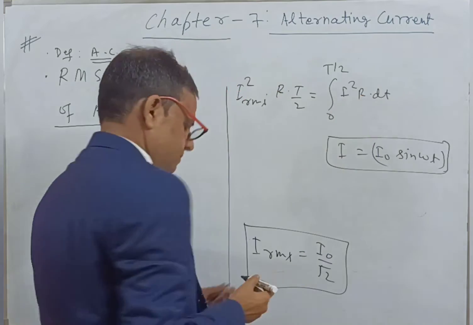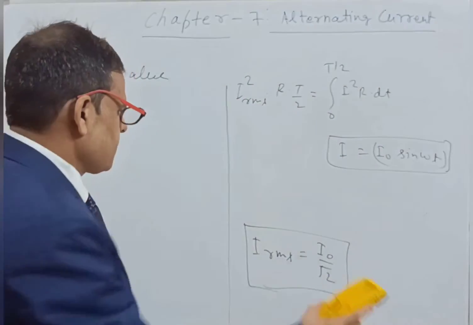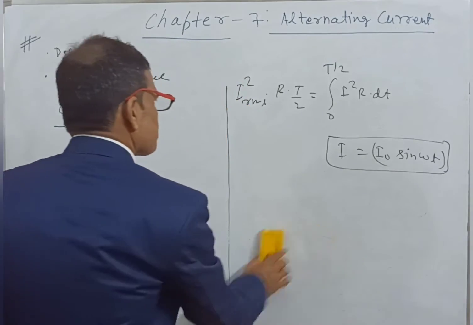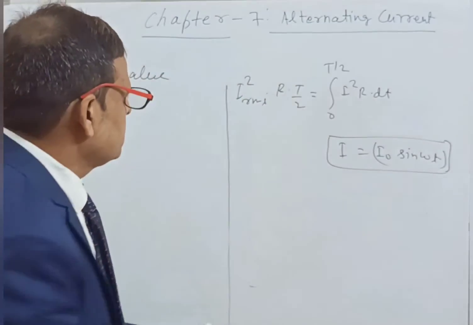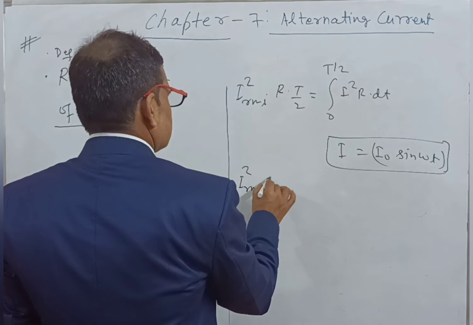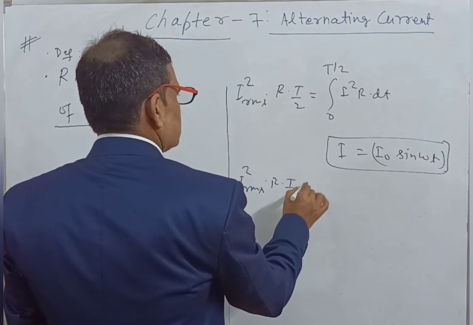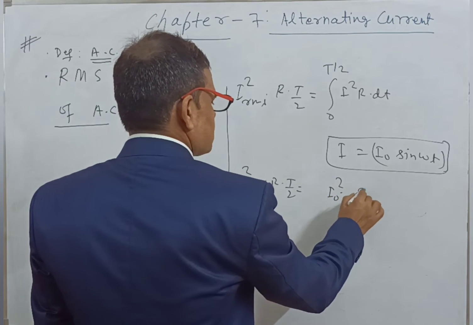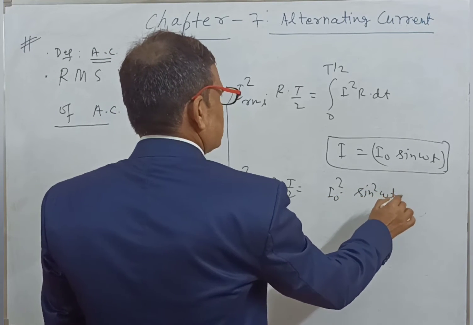Put this value here. You will get I RMS square R T by 2 equals I naught square sine square omega t.